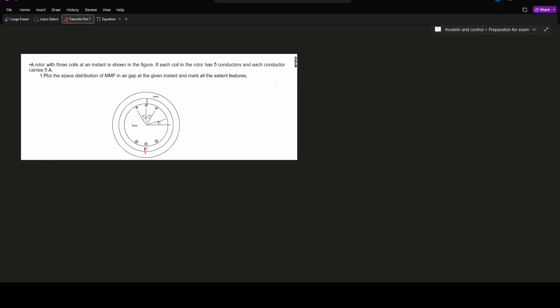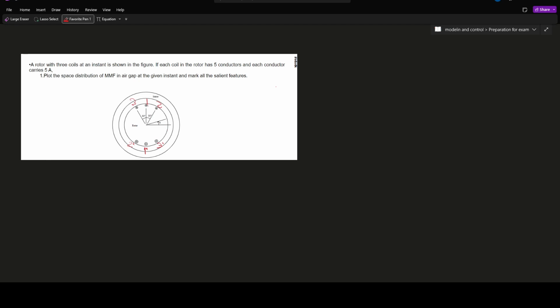I'm going to have an apostrophe. So 1, and I'm going to call this one 2. Here where the coils go into the page, it's going to be 2 dash. Here we have 3, and this is going to be 3 dash.